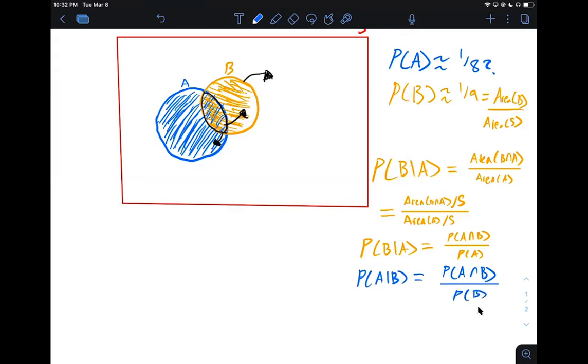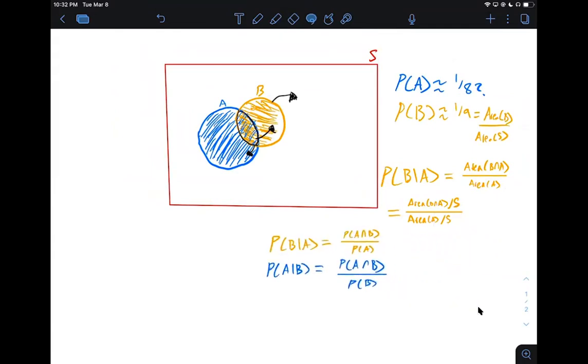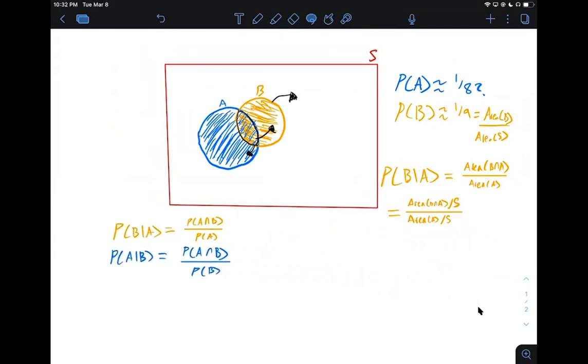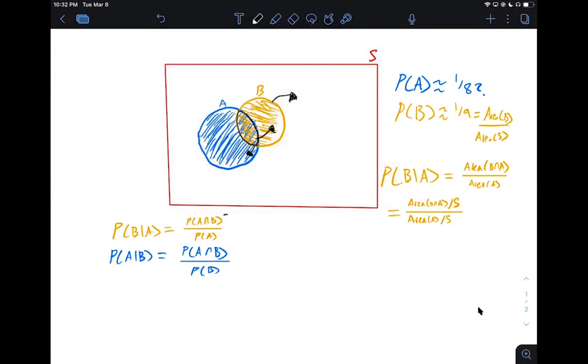Okay, so for those of you who are familiar and comfortable with algebra, let's move this over, by the way, you might notice something pretty useful here, which is that we have in the numerator of both of these things the same quantity.